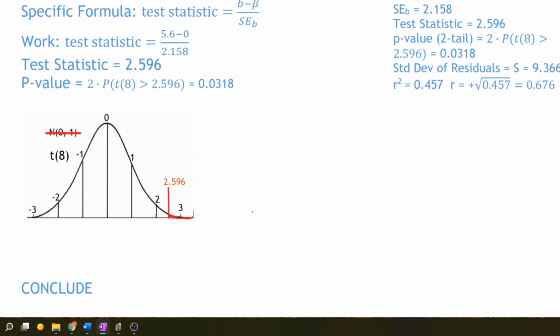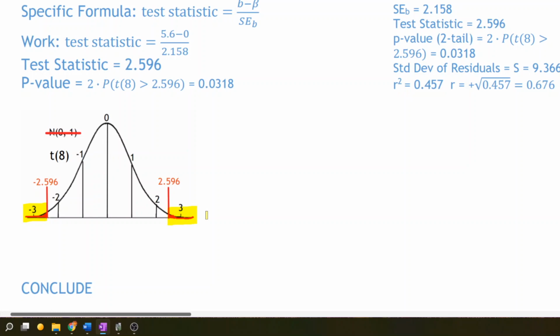But since we have a two-tailed test, we're also going to locate negative 2.596, and then shade below negative 2.596. You can tell it's a two-tailed test because we have shaded the left tail and the right tail of this chart.